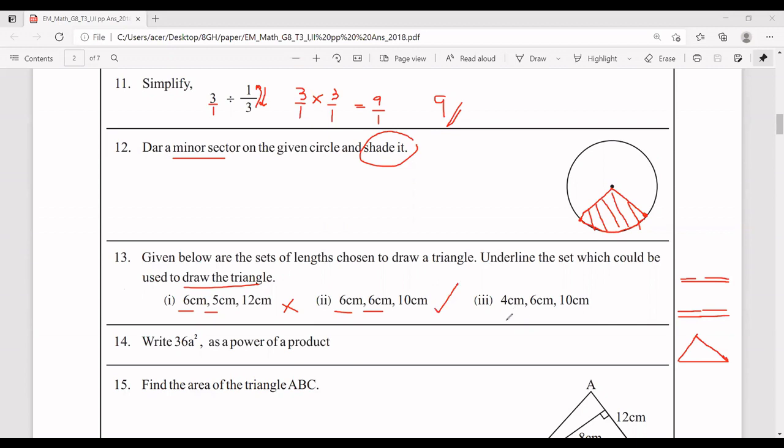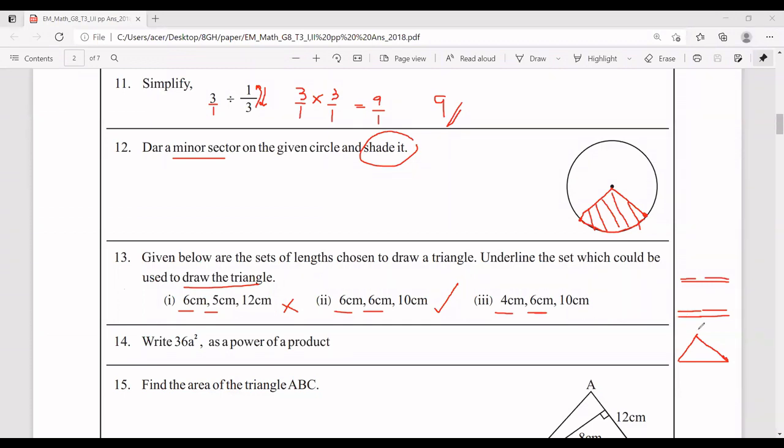Let's look at the third one also. The smaller values are 4 and 6. 4 plus 6? 10. 10 is equal to the bigger value, 10. So you can't make a triangle.